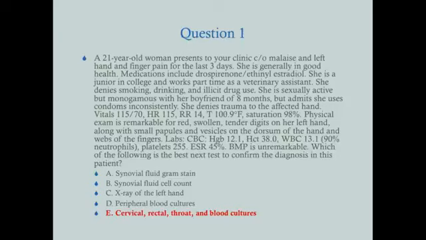Nail down the diagnosis of gonorrhea. When it's in conjunction with this patient's symptoms, we can diagnose her with a tenosynovitis, which is related to gonorrhea. Now, the fact that she is monogamous with her boyfriend is fine, but we don't know if the boyfriend is monogamous with her.